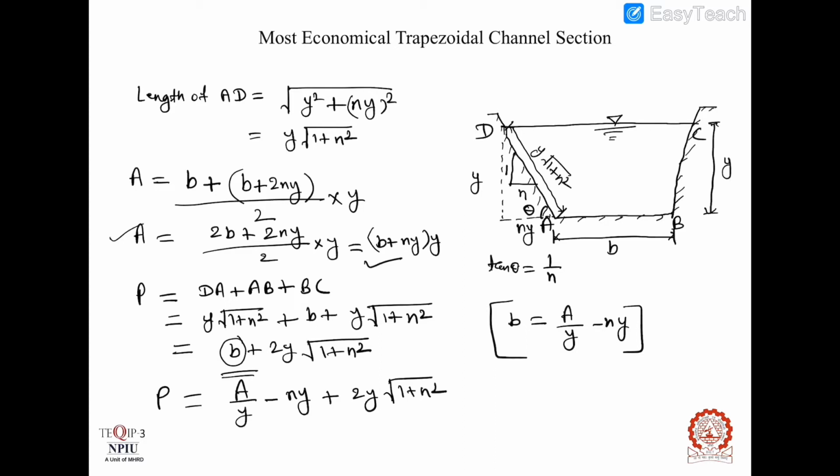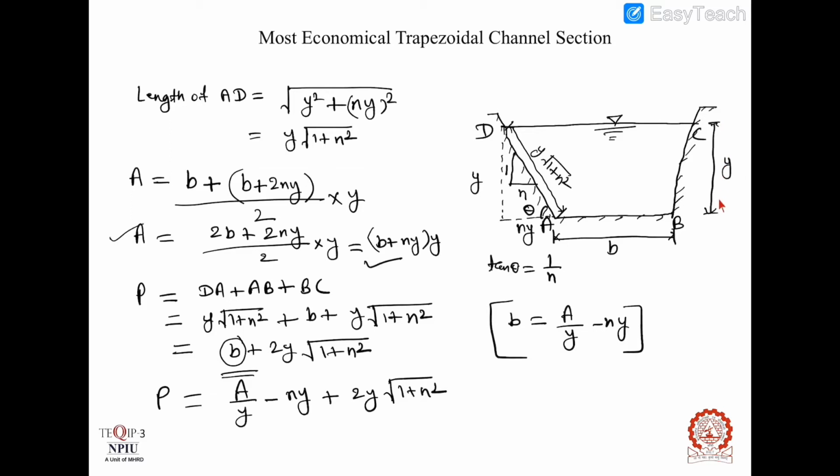Now what is the condition of the most economical channel section? We have to keep the perimeter minimum. Okay, so all the parameters like side slope and area of flow, we have to keep constant, and we have to vary only the depth of flow.